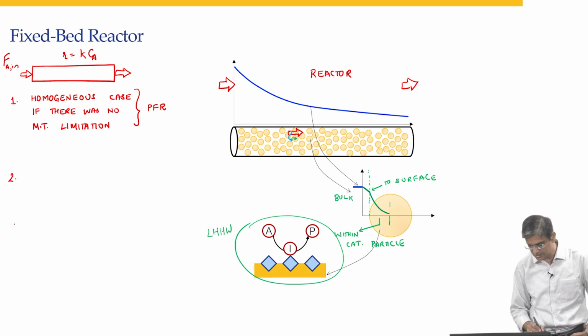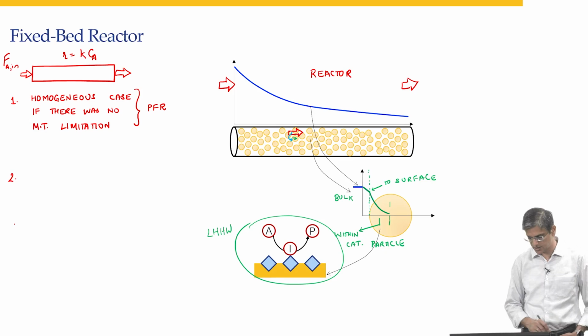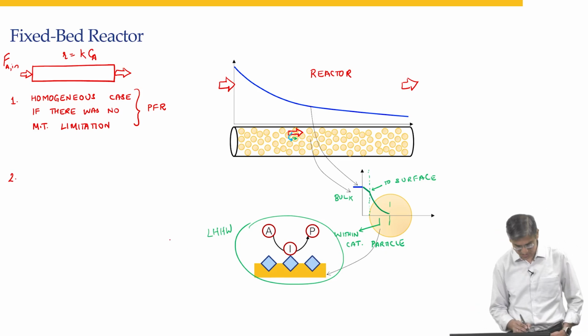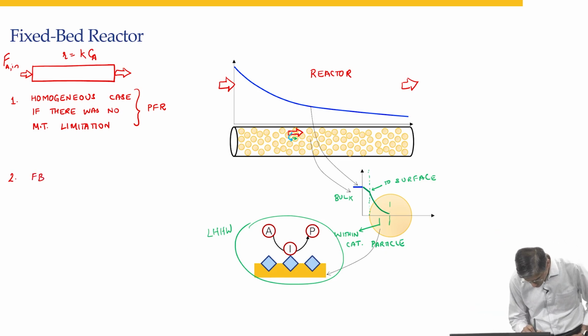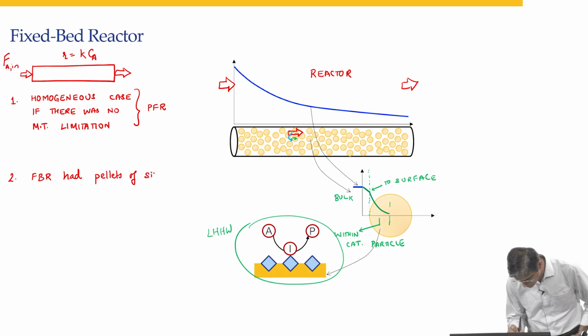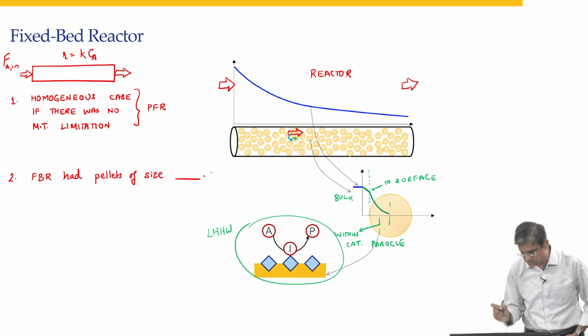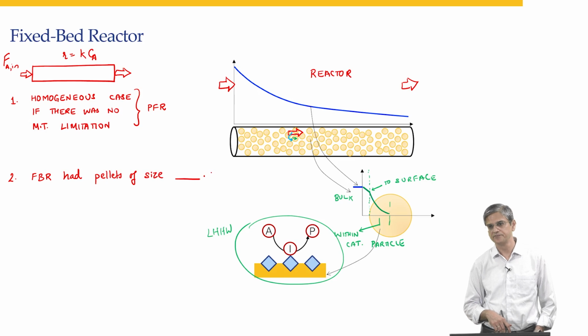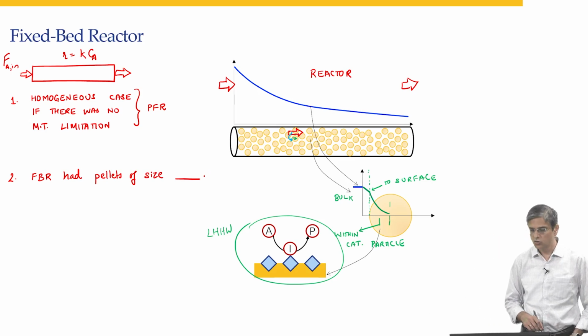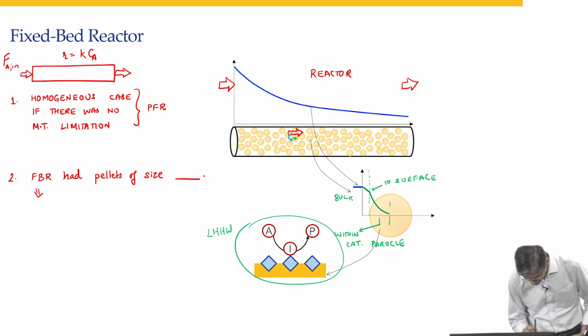The second problem is, let us say that the fixed bed reactor had pellets of some size, that size is given to you. So let's look at the pellet.